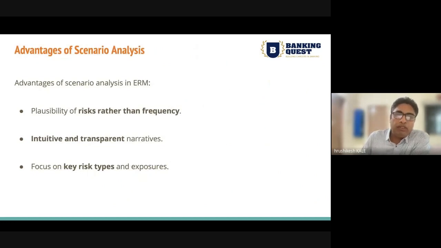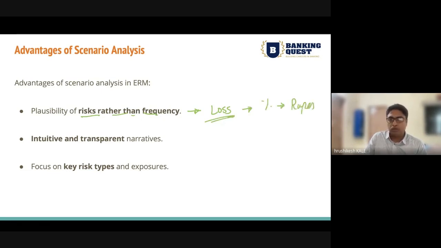Okay, what are the advantages? First, possibility of risk rather than frequency. We try to find out how much loss we are going to suffer, not in percentage terms, but in actual rupee terms. Second, a transparent narrative.